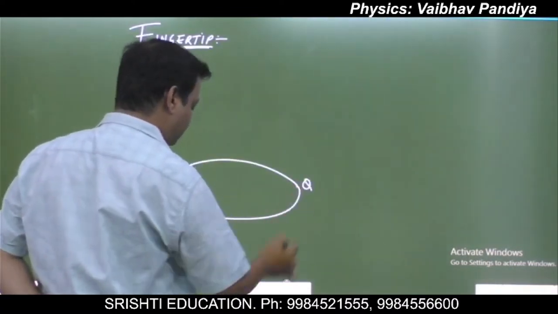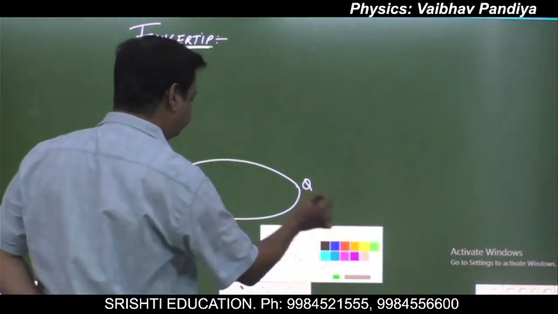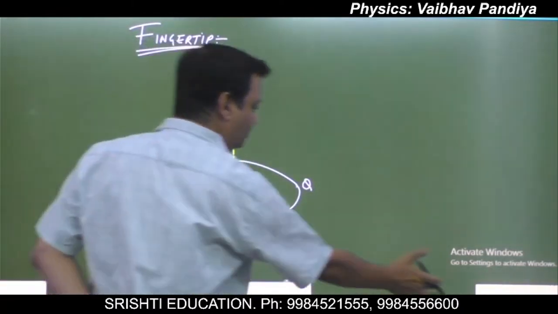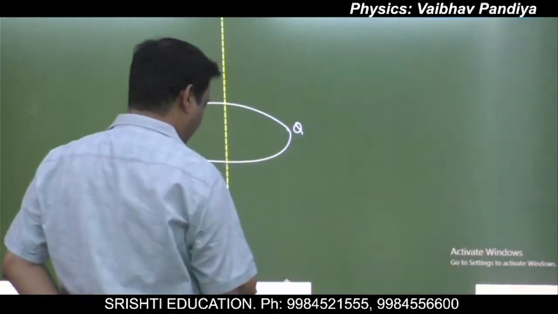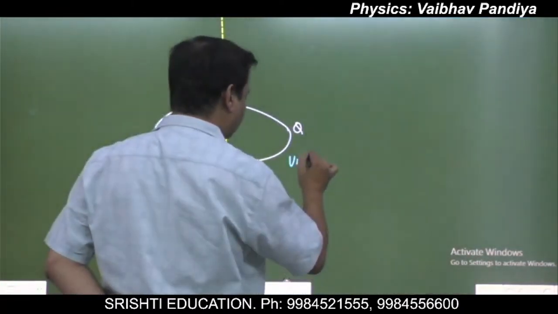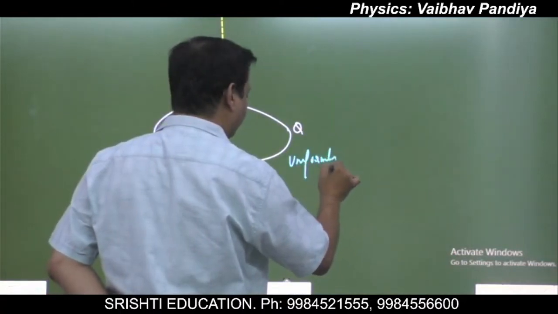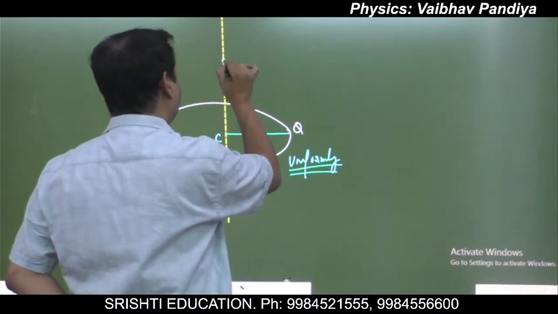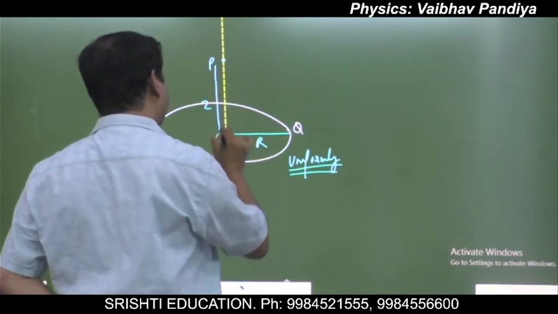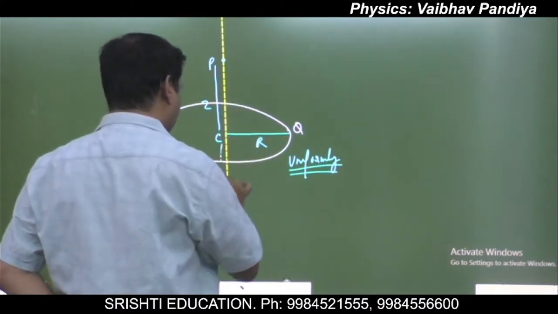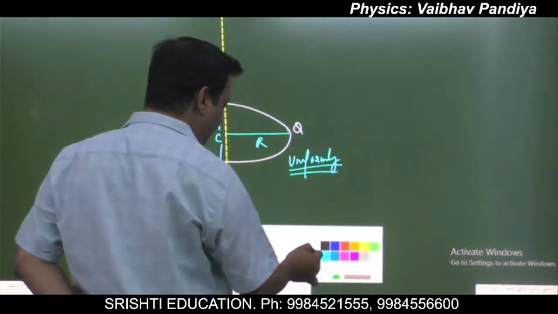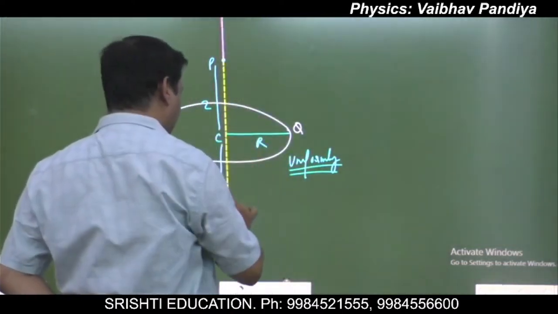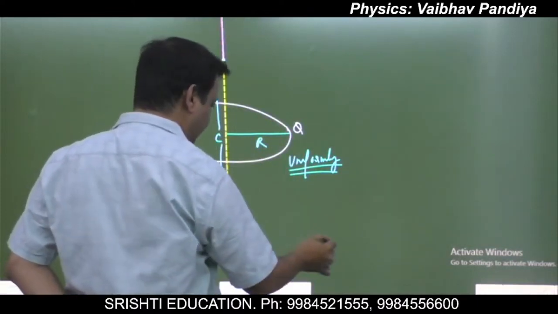If there is a ring of charge Q, and of course we are talking about a uniformly charged ring, and the radius is R, and there is a target point P at a distance of Z. So the electric field will be away from the ring if the ring is positive.